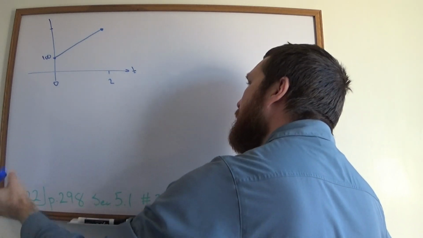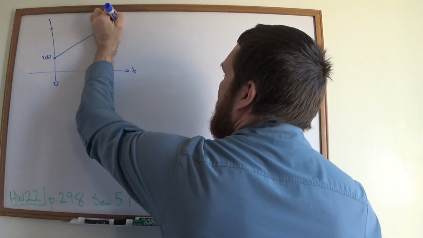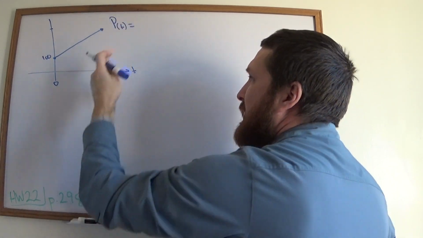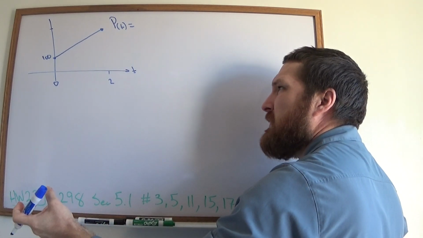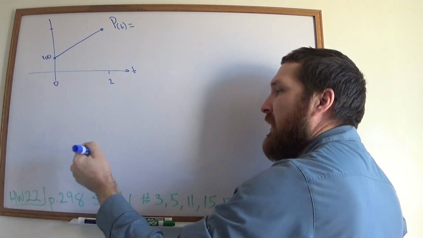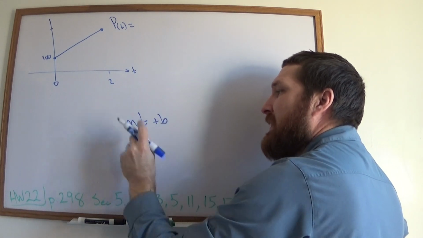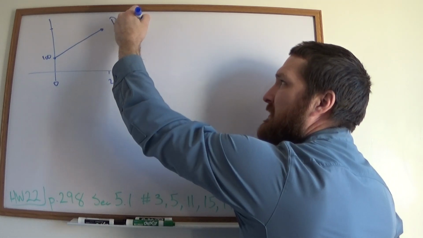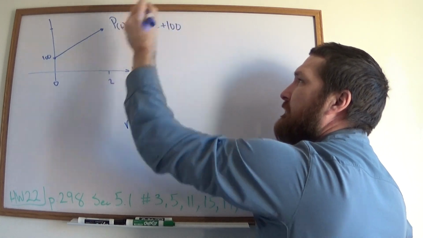Well, first off, we could say this is your position as a function of time. It's a line because you're going a constant speed. What's your constant speed? 60 miles per hour. And so your mt plus b, your slope has to be 60t plus, and we said we know where we start, so it's 100.